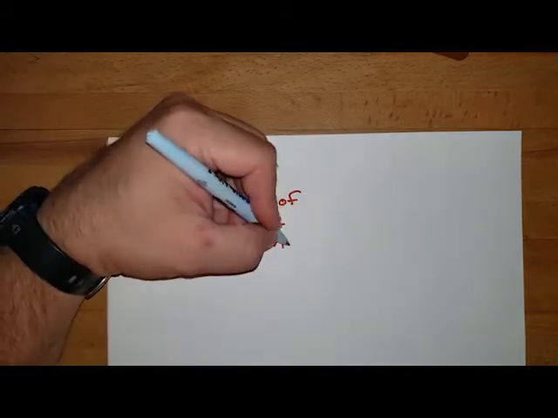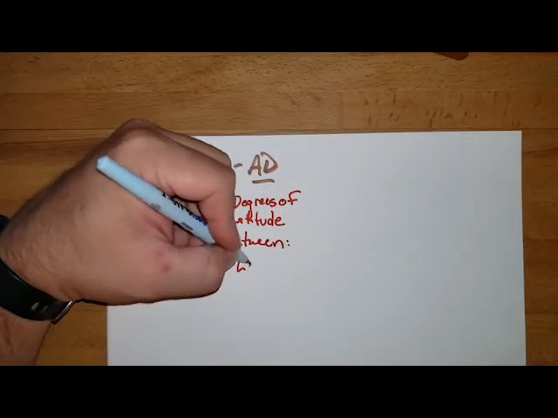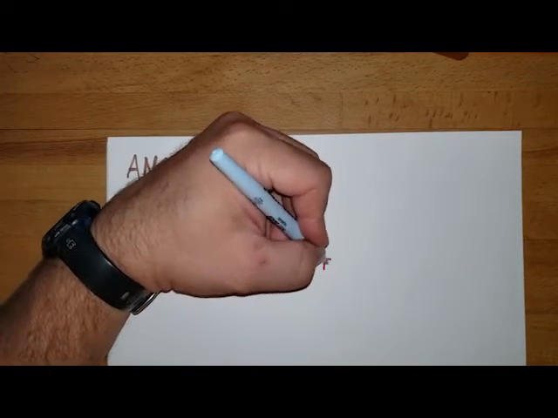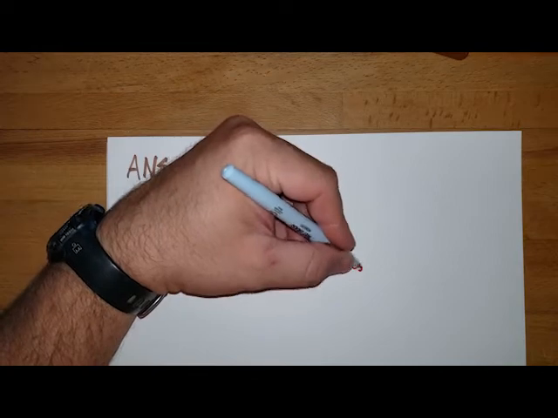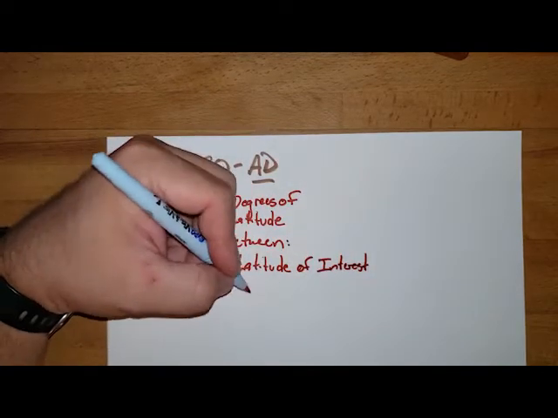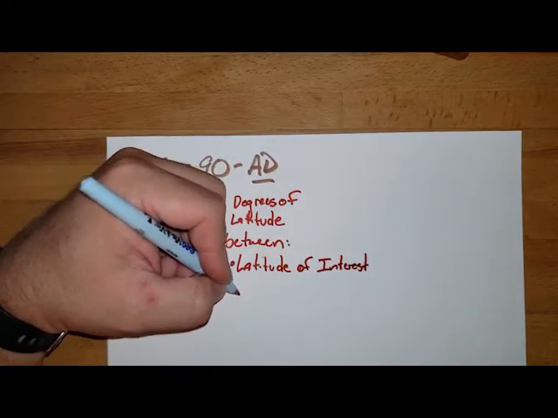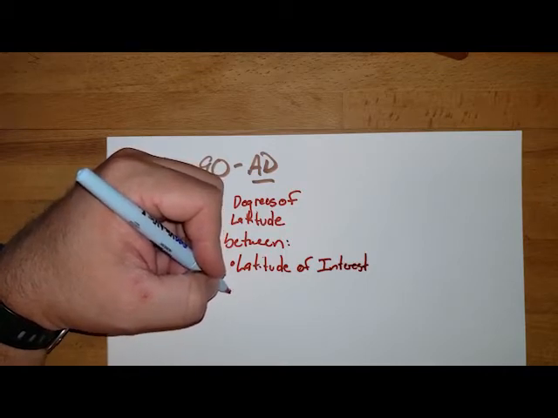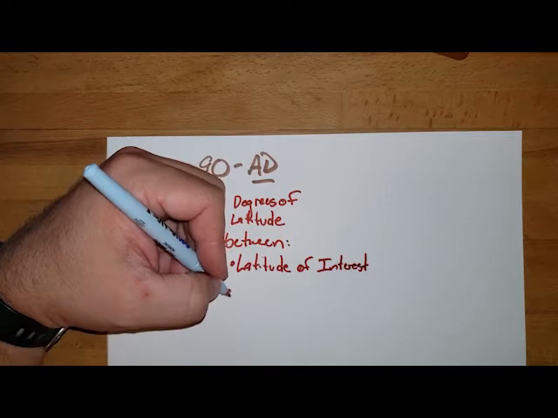It's between the latitude of interest and the location of the sun's declination, or the latitude of the subsolar point where the sun is striking.